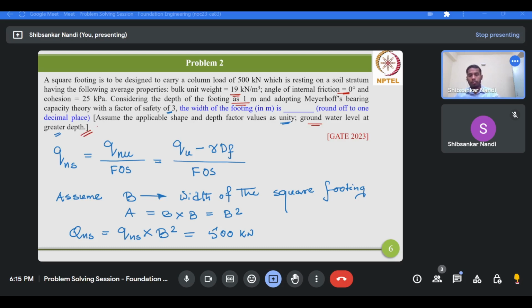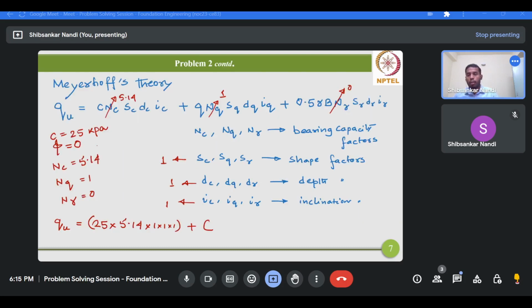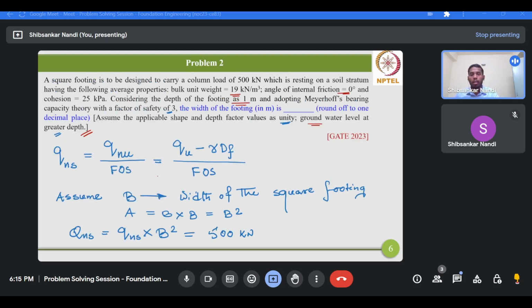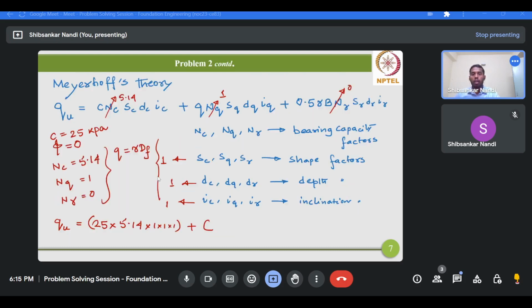Okay. So therefore, this Q will be simply gamma times dF, and gamma means the bulk unit weight of the soil, which is 19 kilonewton per meter cube. So 19 multiplied by dF is 1, and then again SQ, DQ, IQ are 1, 1, 1.